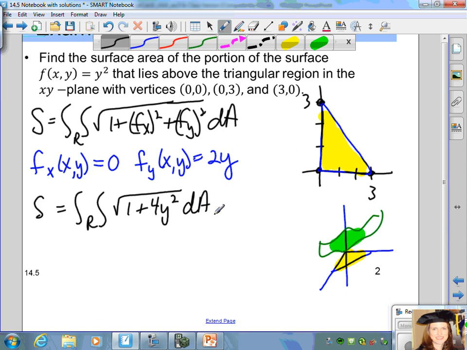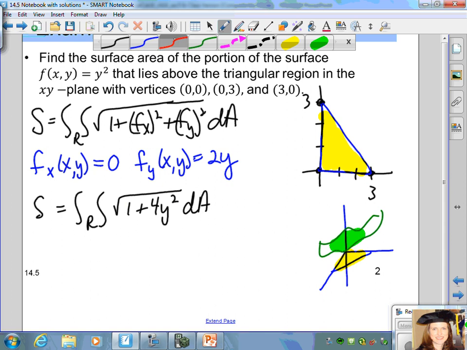Now we need to determine the bounds of integration here. Since this isn't a constant, we can't pull it out in front. Notice that the integrand is the square root of 1 plus 4y squared. We can choose dA to be either dy dx or dx dy. Without using advanced integration techniques, if we write the order of the differential area as dx dy, then we would treat this as a constant.